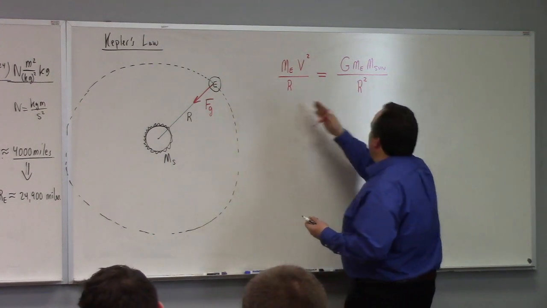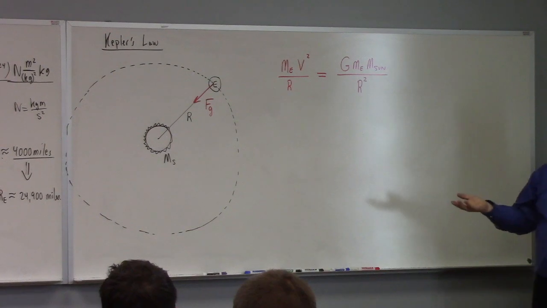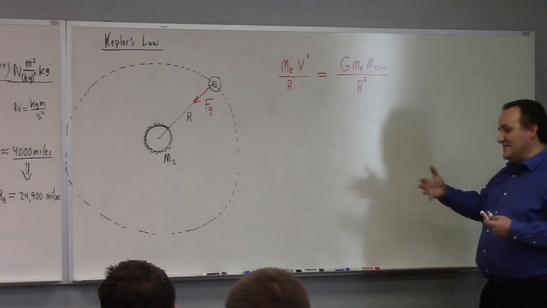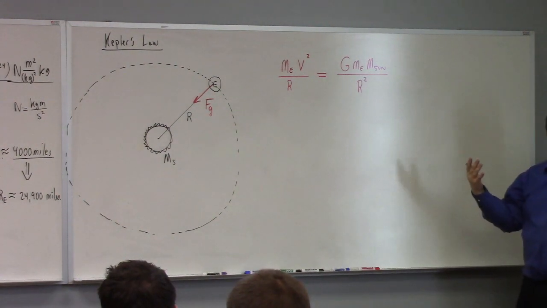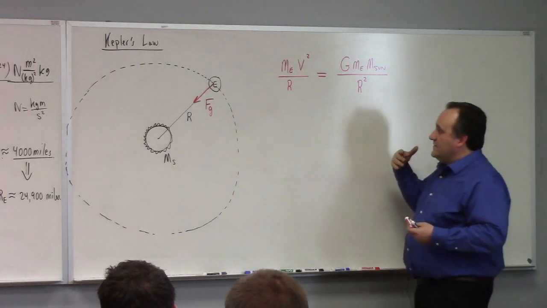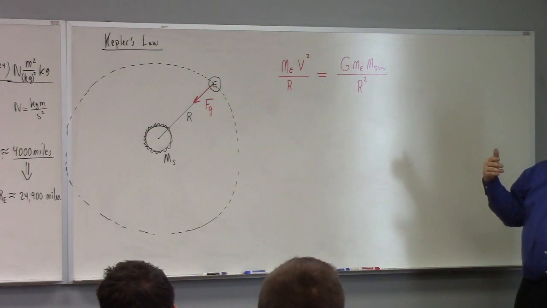Now why do I put these two things equal? What's going on here? It's going in a circle, right? And it's constant speed motion as well. All right, so for constant speed circular motion, we know that the acceleration is v squared over r, right? The acceleration is purely centripetal.